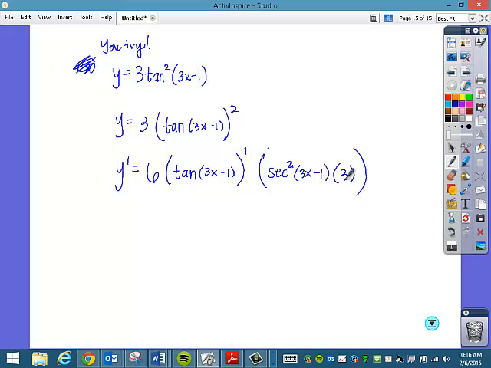So the last thing I have to do is 3 and 6 make 18. Secant squared, 3x minus 1, tangent, 3x minus 1. If you had said 18 tangent 3x minus 1 secant squared 3x minus 1, that would have been fine as well. I don't care about the order. Alright.